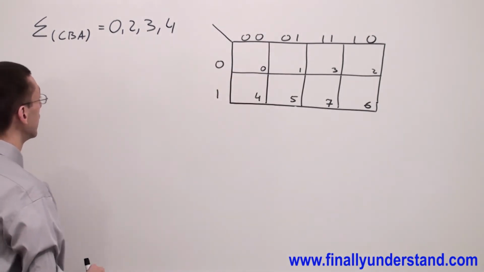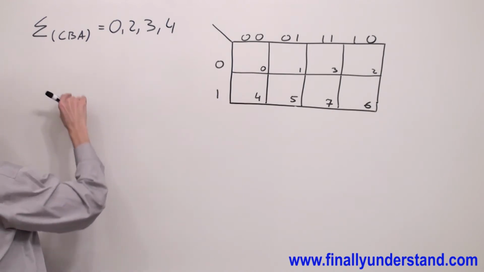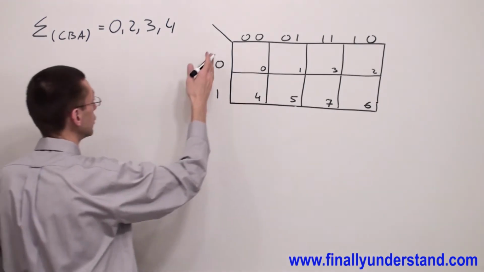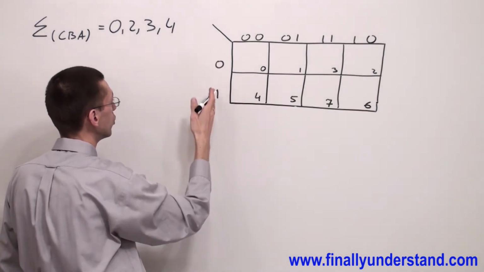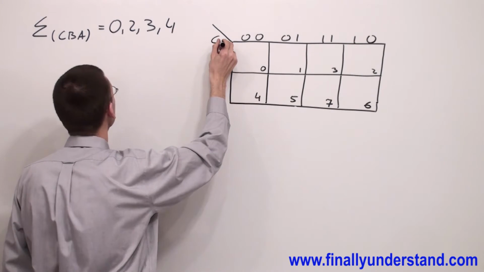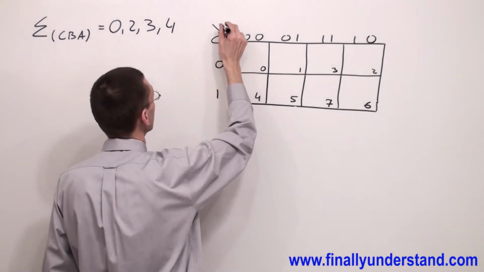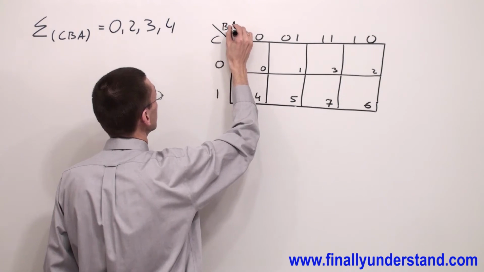So in this case, I'm going to have CBA, which means C is going to control the left side of my K-map. That's why I'm going to write over here C. And BA is going to be at the top, BA.